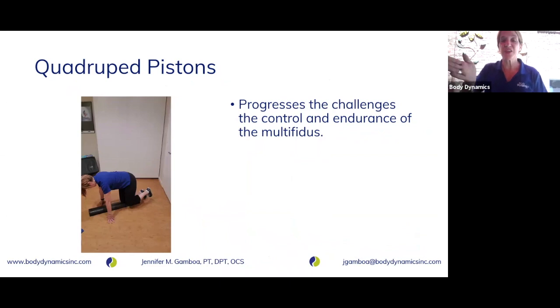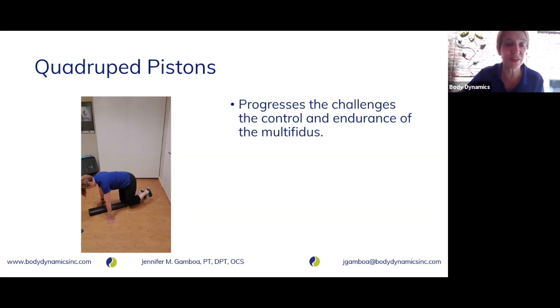Kind of the culmination of this sequence is to really train the control of the multifidus, and even more importantly, challenge the endurance of the multifidus, because again, we need that turned on all day long. So we have to find ways to make sure that we focus our exercises into that muscle, which we need to be strong in terms of endurance. Okay, it doesn't have to be a power muscle, but it has to have a lot of endurance.